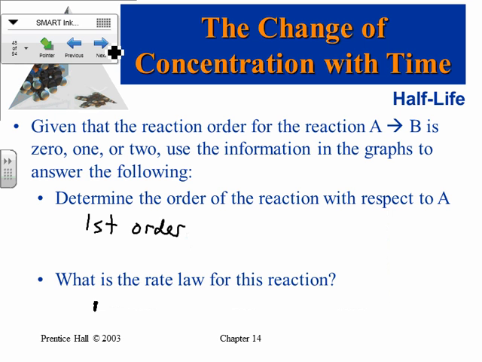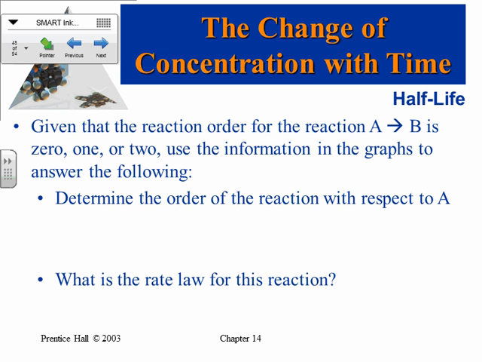Anytime you write a rate law, it's going to look like this: rate equals k times something. Now, which concentration matters here? Concentration of A, right? And if this is a first order reaction, then our exponent is just a 1, which you don't even have to put. It's just understood. So there's your rate law.